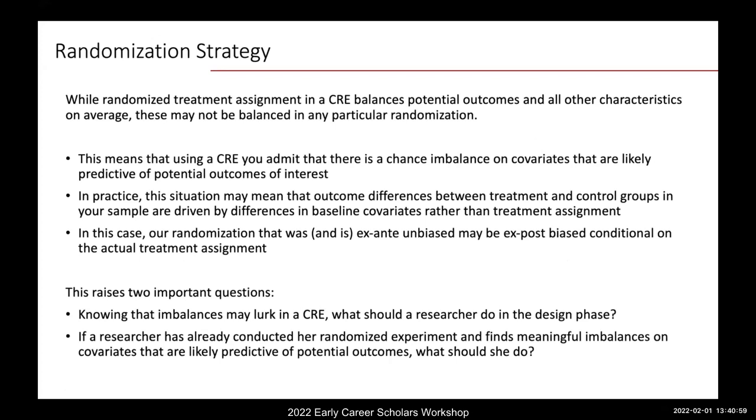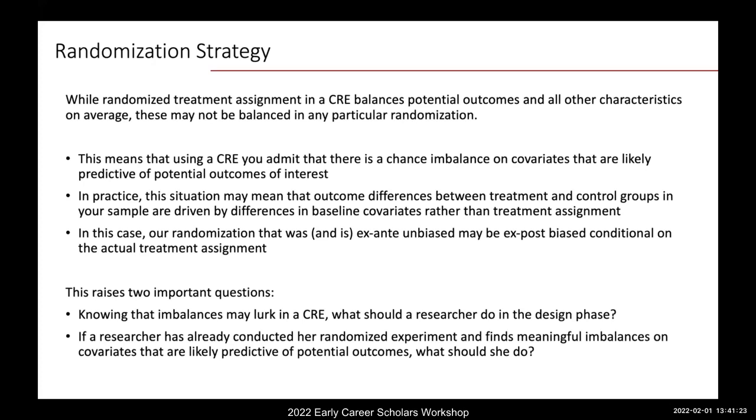So what does that mean? That means that whenever we are using a completely randomized experiment approach, where we just randomly order a list of people and admit half of them to the treatment group, we do have to take into account that there is a chance of imbalance on covariates that are likely predictive of potential outcomes of interest, okay?